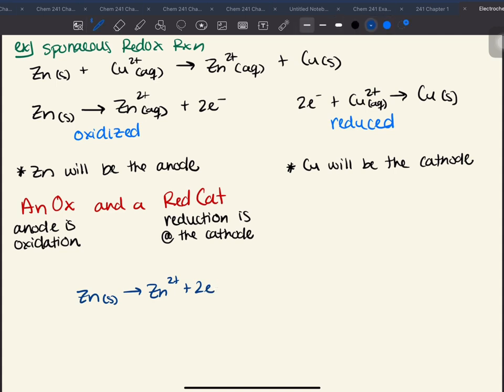and remember, they are going to be separated either by having two beakers or by having two microplates. And then we have our other reaction happening on the other side.